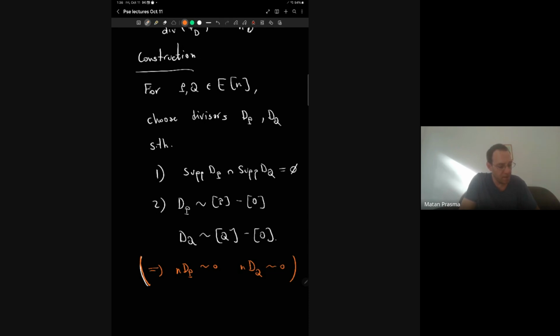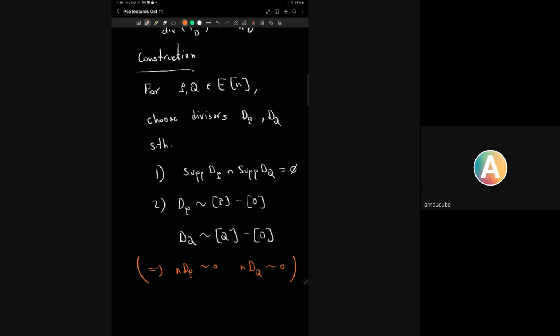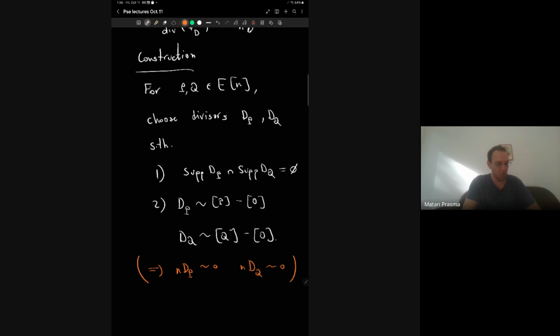Can anybody see why the orange implication is true? I'm not following this part. Because P and Q are part of En, no? Yes, exactly.